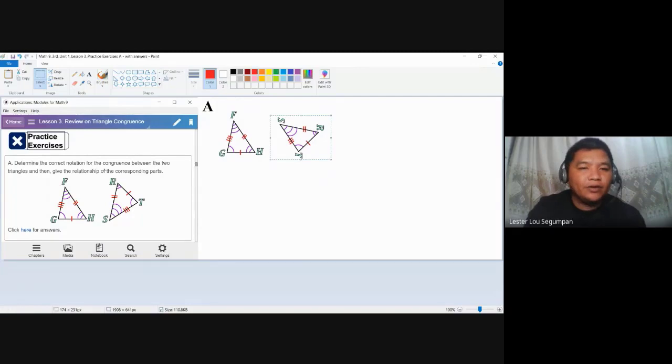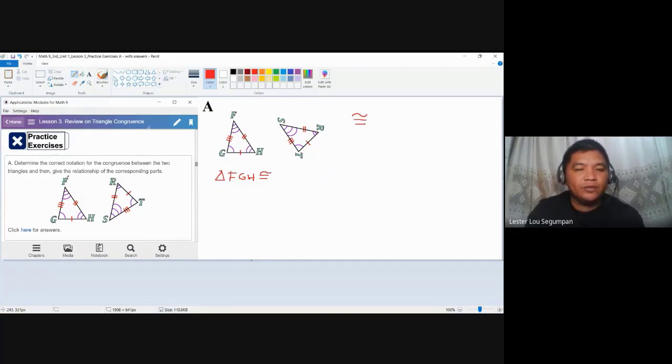To come up with the correct notation for congruence, take note that the notation for congruence is this symbol here, the equal sign with a tilde. So we could come up with the correct congruence between two triangles. Let's use F, G, H: triangle FGH is congruent to, not necessarily RST, same as the given here.